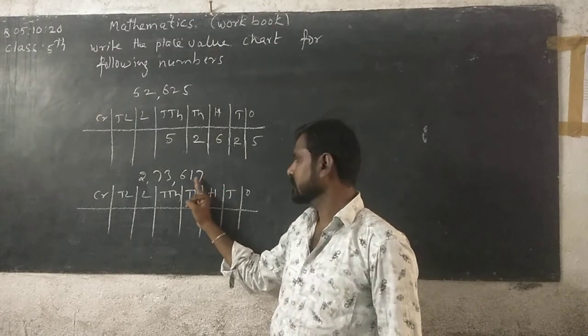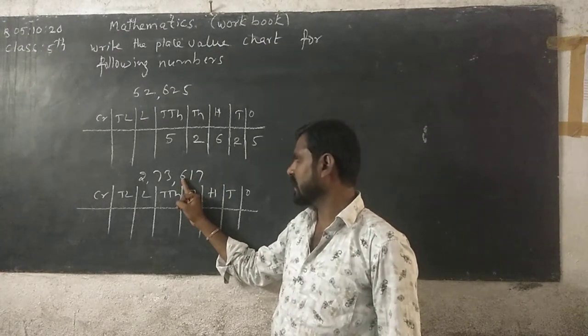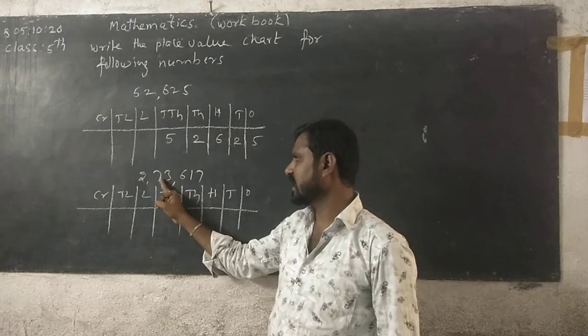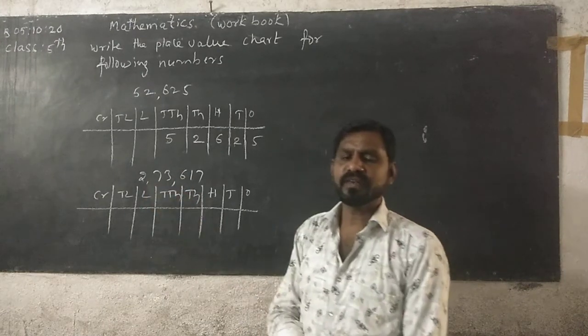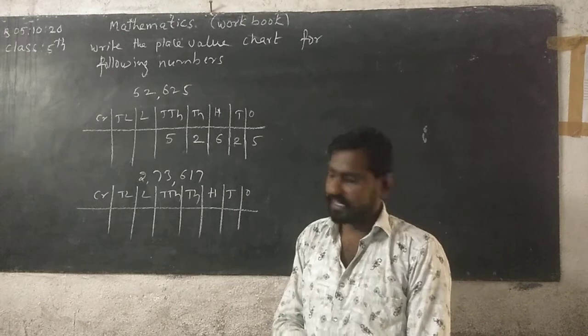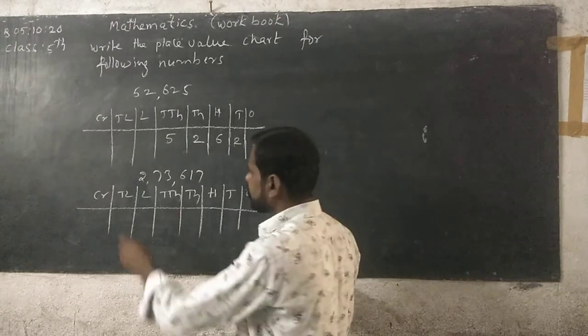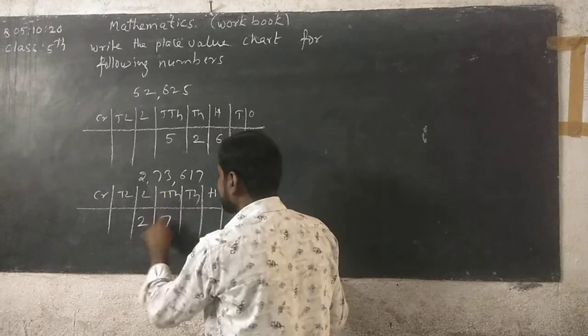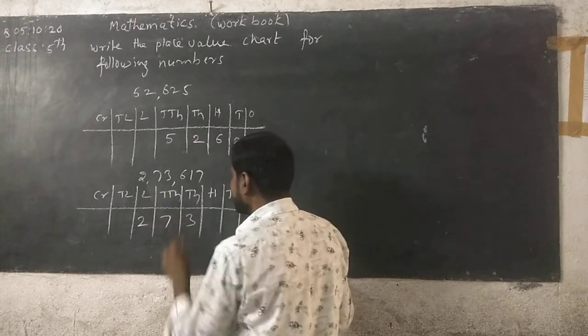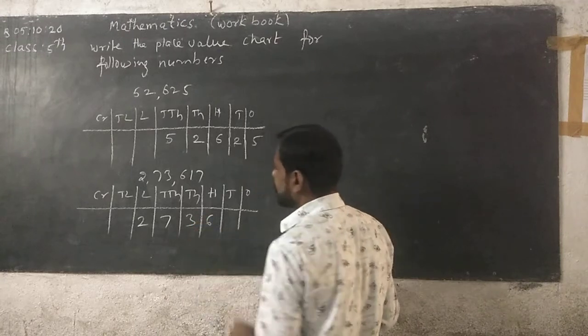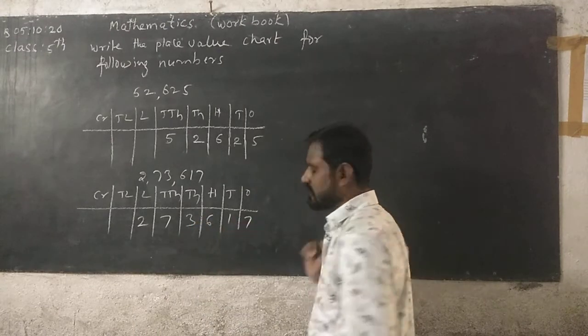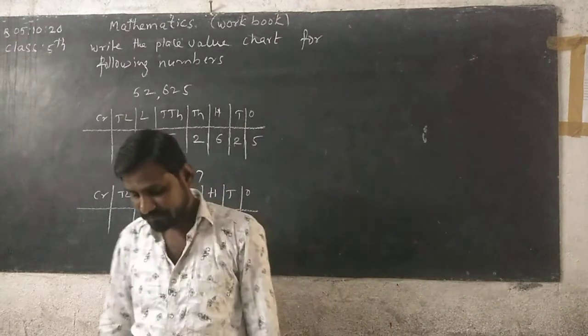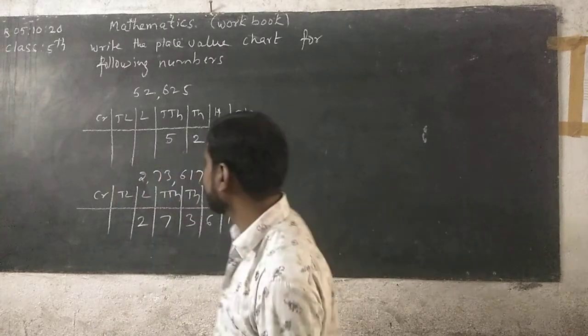Ones, tens, hundreds, 1,000, 10,000, lakh. So 2 is in lakhs place. Then you can start from lakhs, from left to right, 2. Next 7 is in 10,000s place, 3 is in thousands place, 6 is in hundreds place, 7 is in tens place, 0 is in ones place. Now next.